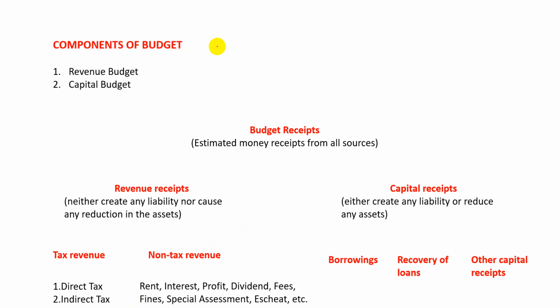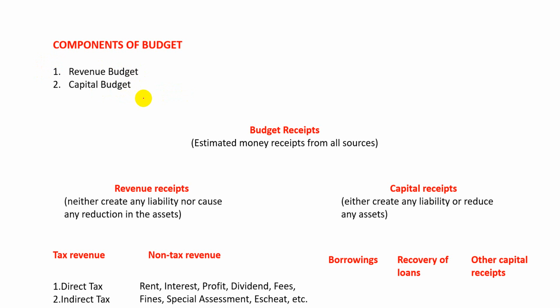Components of government budget. A government budget has two parts. One is receipts, another one is expenditure. And that is revenue budget and capital budget.